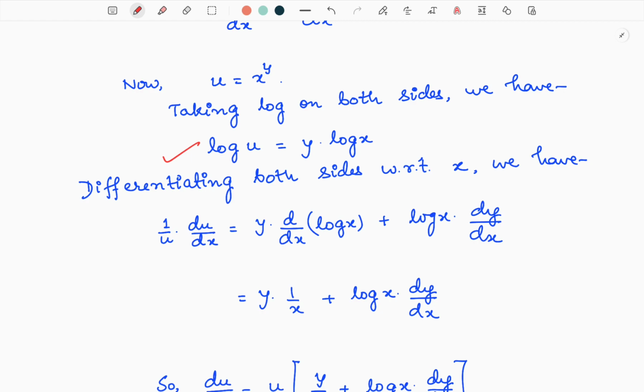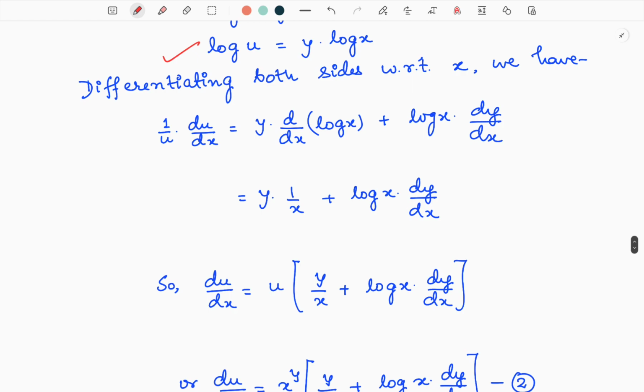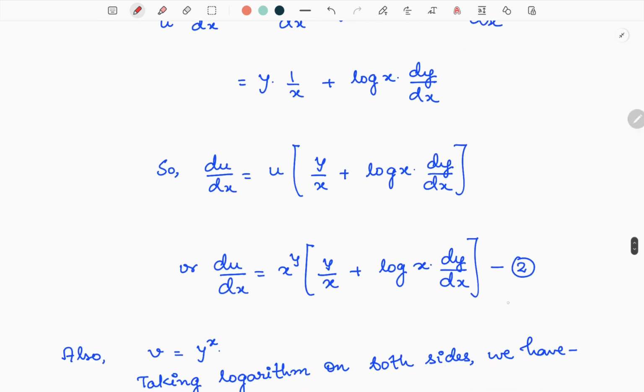The differentiation of log u is 1 by u into du by dx, and on the RHS, y log x, you have to use the product rule: keeping y constant and differentiating log x first, plus keeping log x constant and differentiating y with respect to x. So overall, after solving and rearranging, you will get du by dx is equal to x to the power y in bracket y by x plus log x dy by dx.